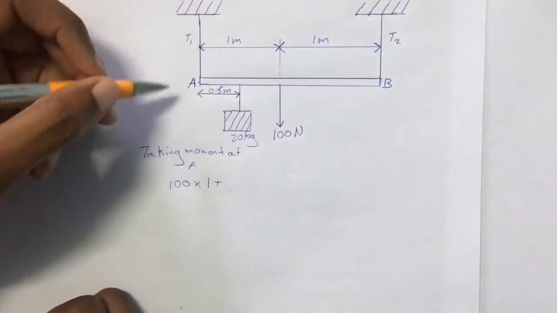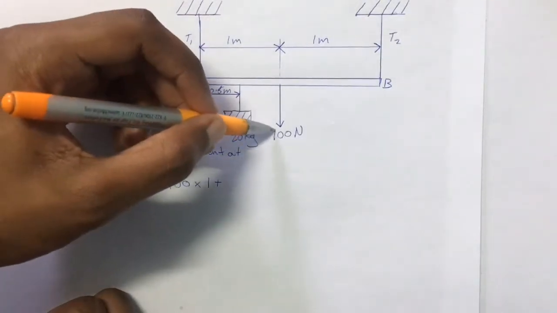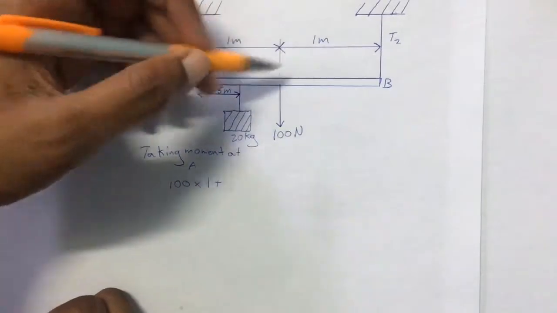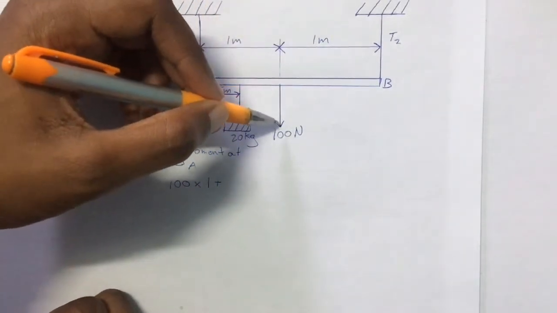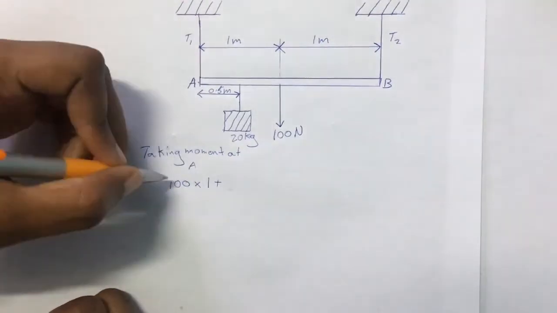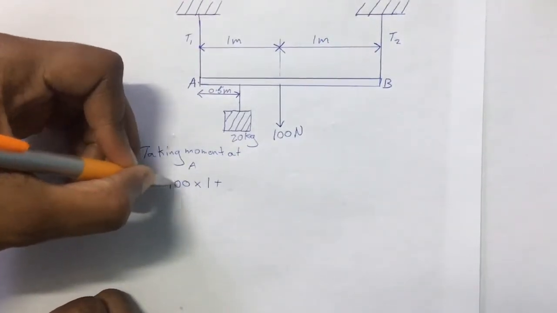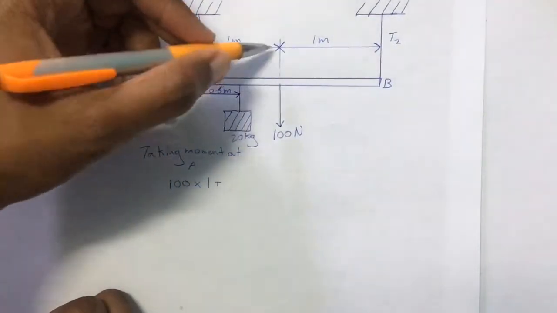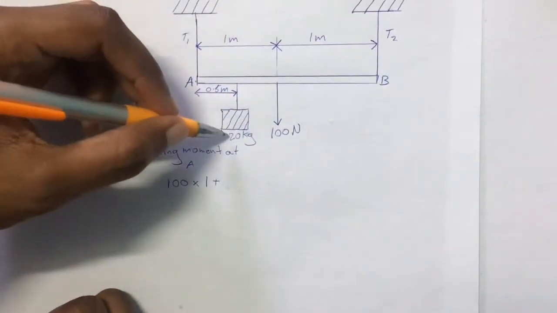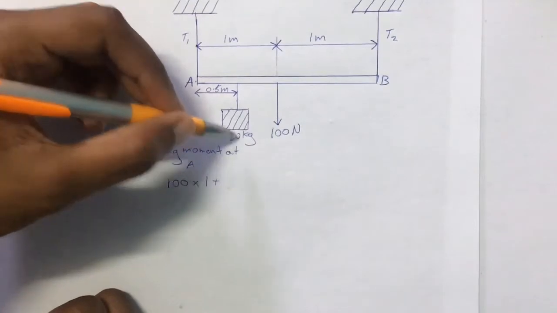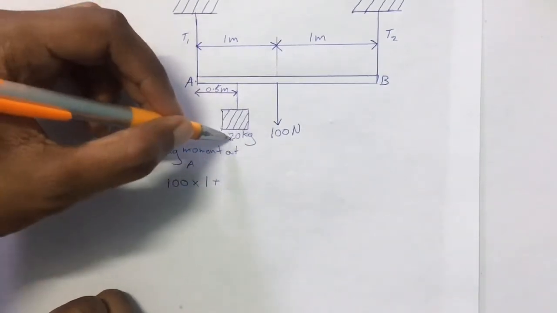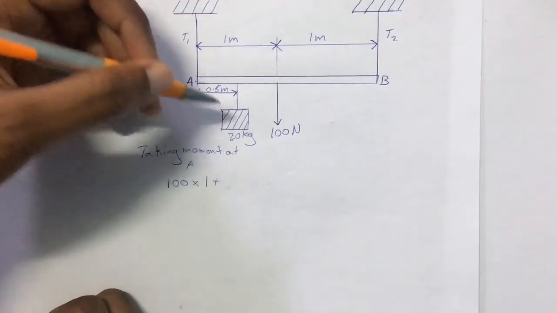So taking moments at A, we have 100 Newton force here, which is the weight of the rod, and this acts through its center of gravity. Therefore, we can say 100 newtons times 1 meter, which is the distance from point A, plus 20 times 10, because remember this is the mass, and we must times that by gravity to give its weight in newtons.